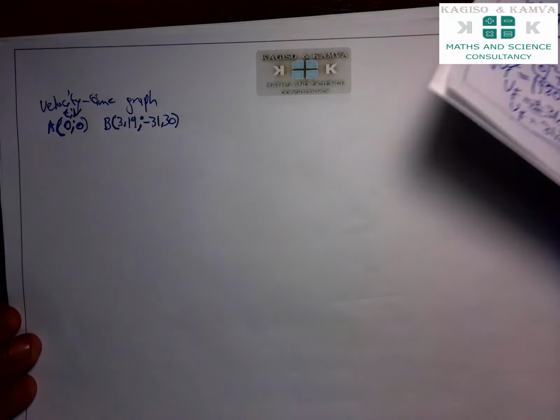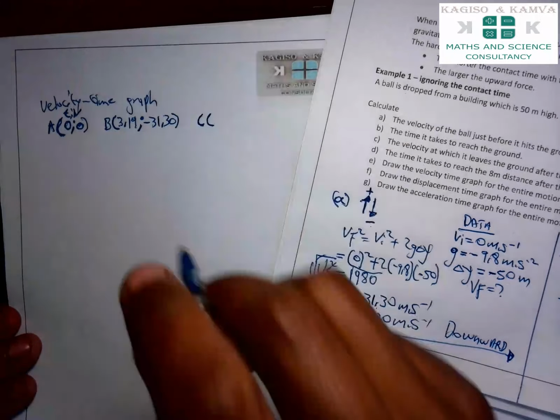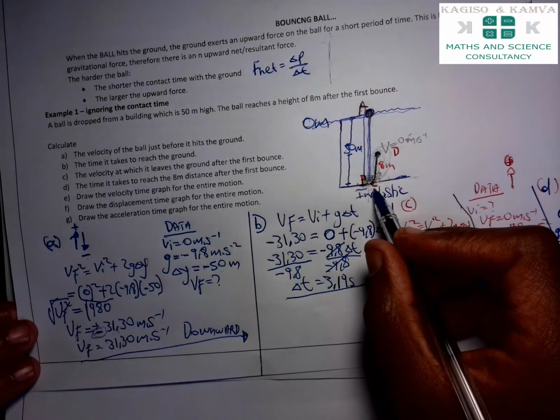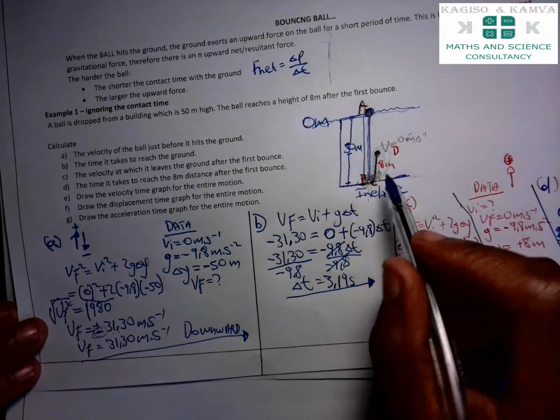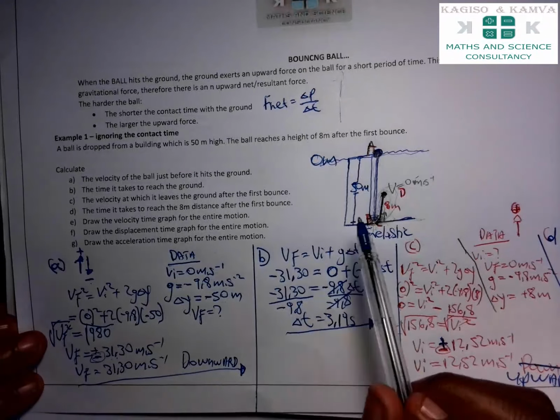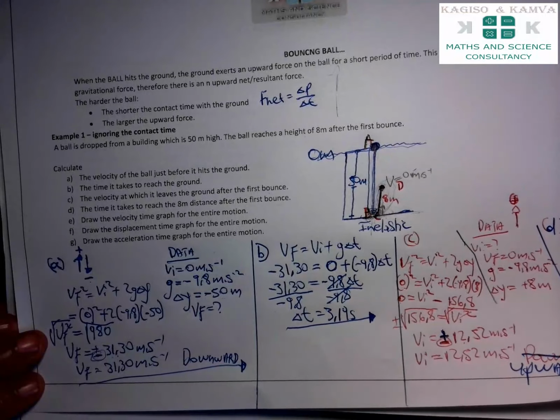Now, for C. What is the time when it leaves the ground? In this case we are ignoring the contact time, so we are saying it leaves the ground at the same time when the ball reaches the ground.